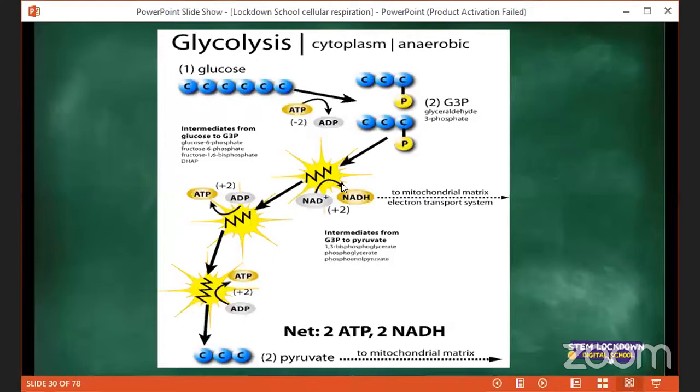This step uses NAD+, and it gives us NADH, okay? And then this NADH is moved to the mitochondrial matrix for the electron transport system. At this point, we have the first ATP being released. And at this particular point, we also have another ATP, so 2 ATP and 2 NADH.